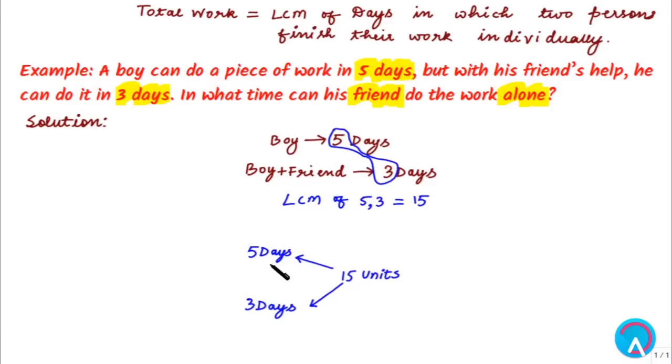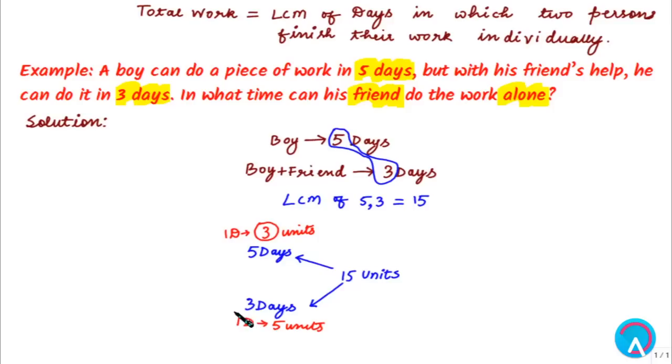So if the boy is completing the work alone in 5 days and total work is 15 units, then in 1 day this boy will complete 3 units of work. This is for 1 day. And when they are doing it together, both in 1 day will do 15 by 3, that is 5 units of work.